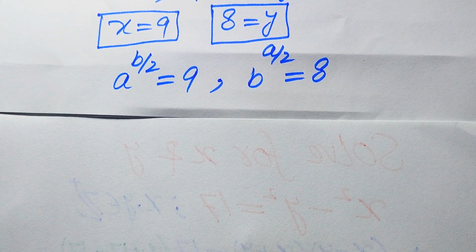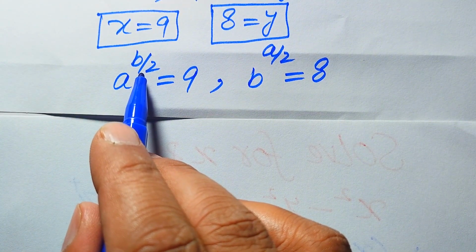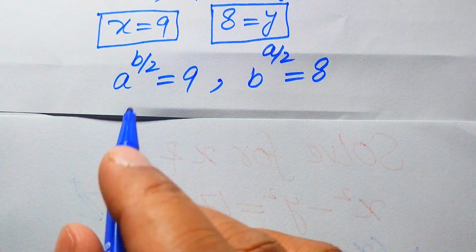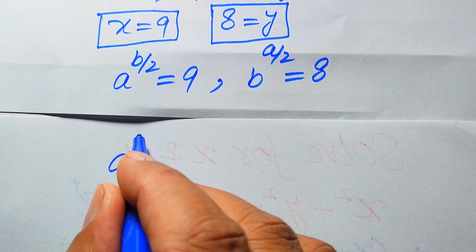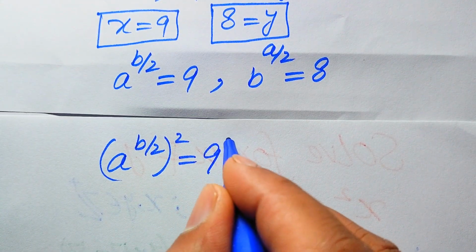Here we need a little bit of simplification, and we easily get the values of a and b. First we need to remove this fraction which lies in the exponent, and for this we take squaring on both sides. When we apply squaring, it is written in this way.